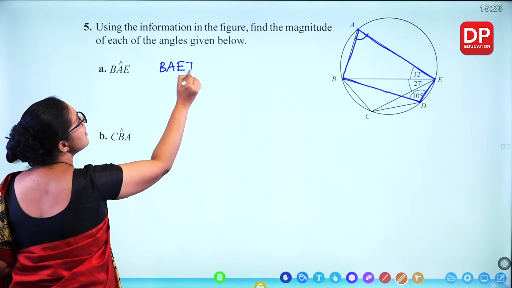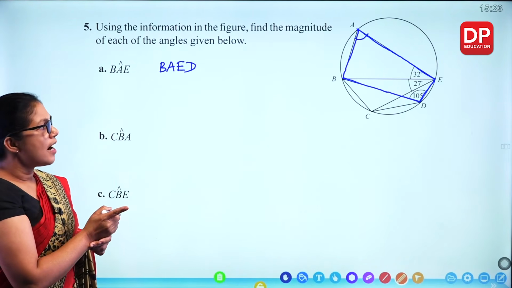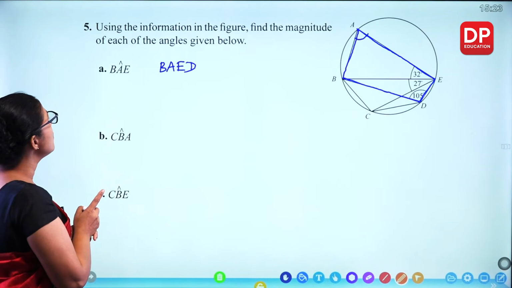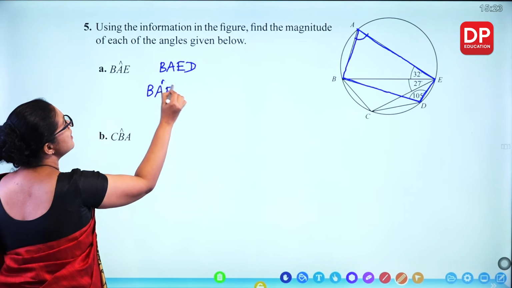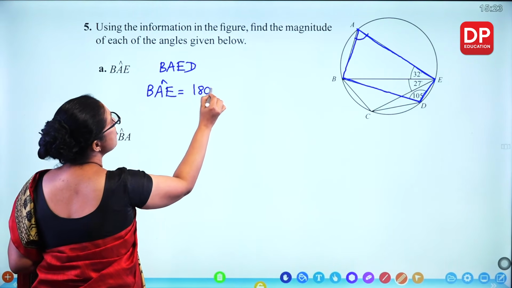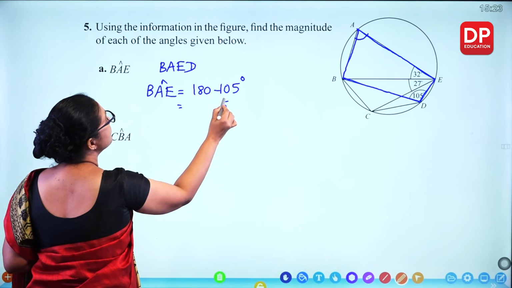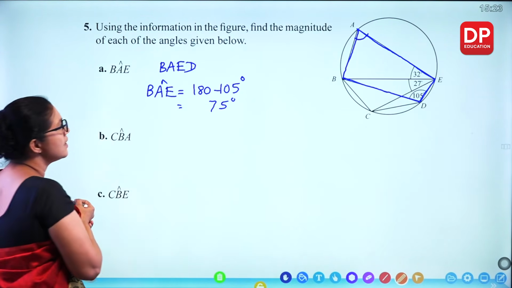In BAED cyclic quadrilateral, we know that A angle and 105 both are supplementary, so we can find out BAE angle. So BAE angle is 180 minus 105. So 75 degrees.